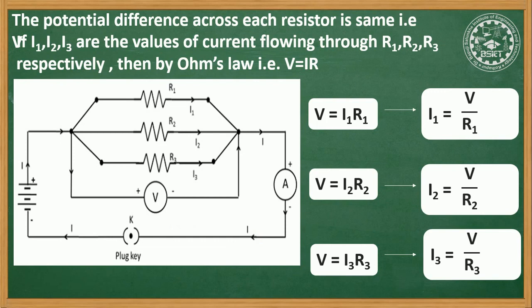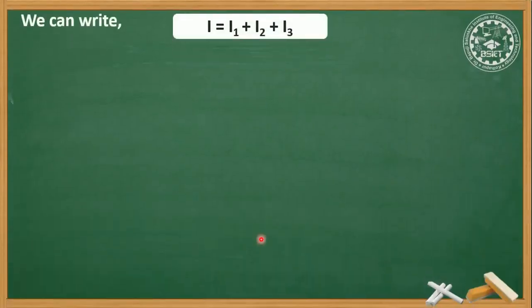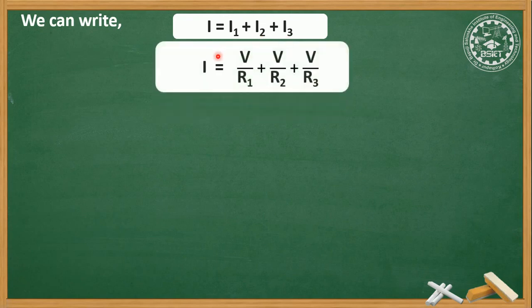Now we can write total current is equal to I1 plus I2 plus I3. According to Kirchhoff's law, total current is equal to the current flowing through R1 plus the current flowing through R2 plus the current flowing through R3. Therefore, let us put the values of I1, I2 and I3.